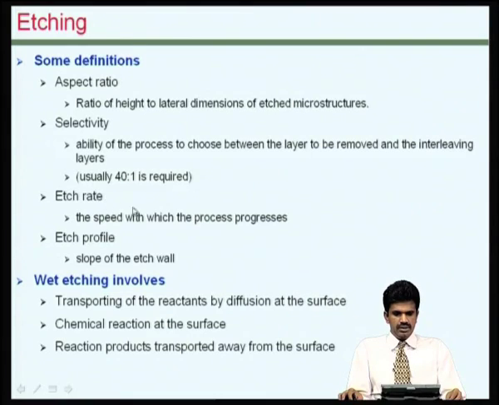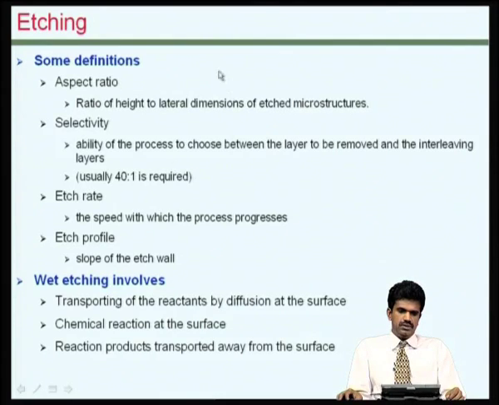Etch rate is obviously the speed at which the desired material is removed by the etchant. Etch profile is the slope or the angle of the side walls after the structure or geometry is formed by etching.